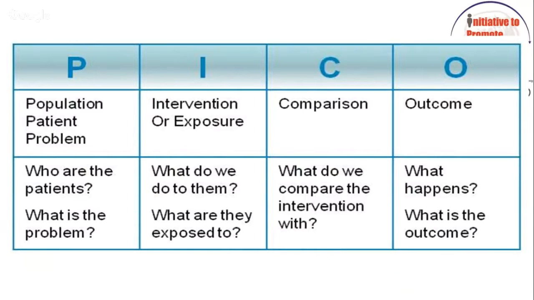We would be comparing two groups of people, one on allopathy, one on homeopathy. We would give one group homeopathic medicines and compare that with the conventional group on the basis of changes in glycated hemoglobin. So this is the PICO criteria. One was the FINER criteria we discussed earlier, and this is the PICO criteria.